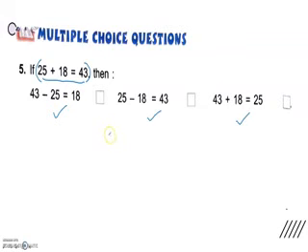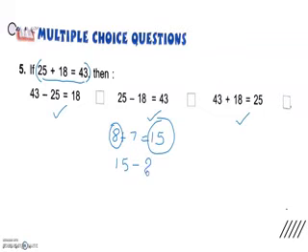See, for example, we know that 8 plus 7 is equal to 15. And we also know that the answer 15 minus the first number 8 is equal to 7. And we also know that the answer 15 minus the second number 7 is equal to the first number 8. 15 minus 8 is equal to 7 and 15 minus 7 is equal to 8.